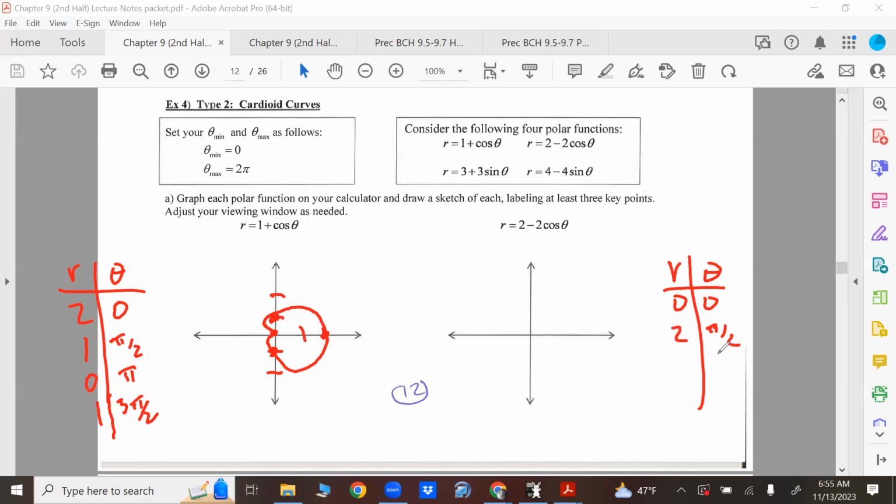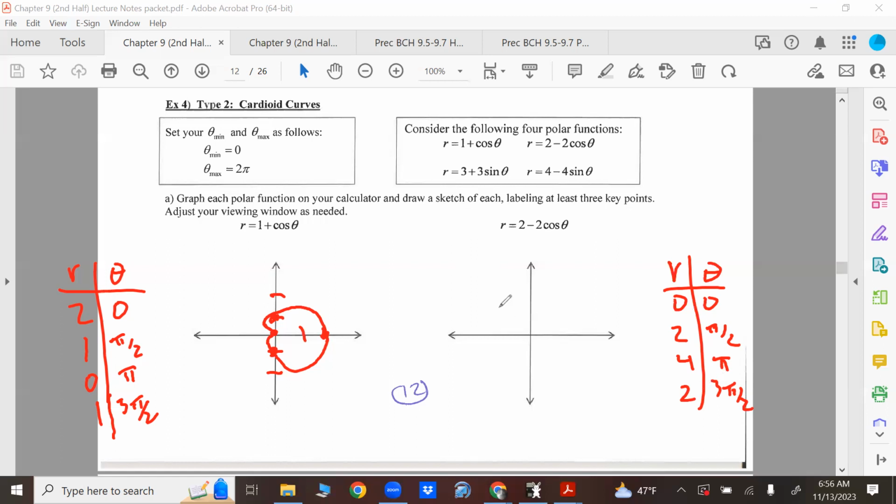That makes sense. If I plug in pi, I get 4. My apologies. I get r equals 4 when I plug in pi. If I plug in 3 pi over 2, I should get 2 again. So r equals 2. Okay, so it all makes sense.